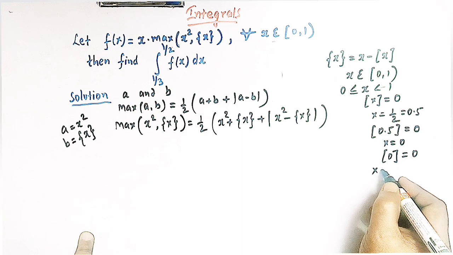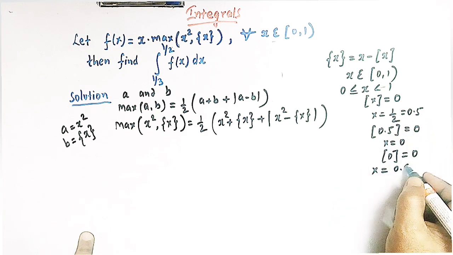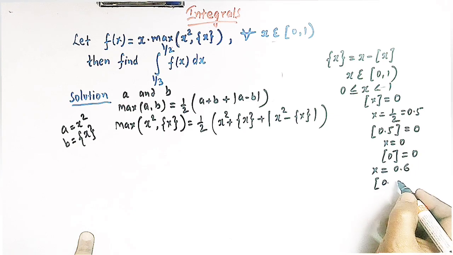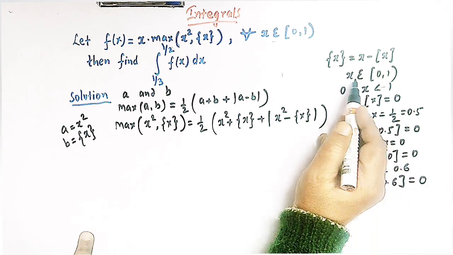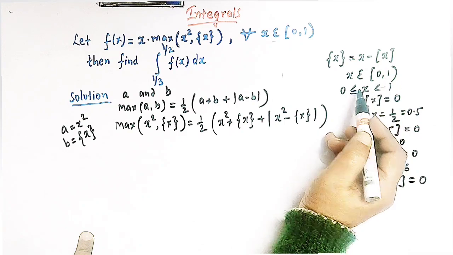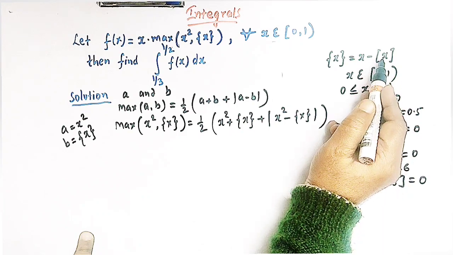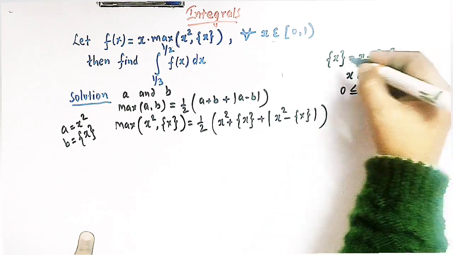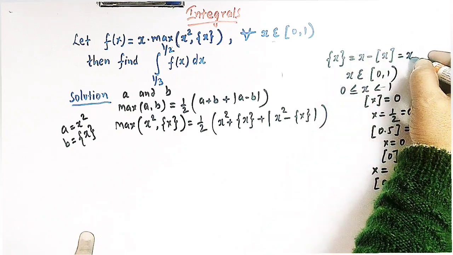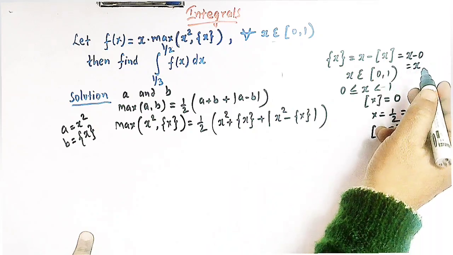And similarly, if we take, say, x is equal to 0.6, then the greatest integer of 0.6 is also equal to 0. So when x belongs to this interval, then the greatest integer of x should be equal to 0. So we can take a 0 over here. So the fractional part of x is now given by x minus 0, that is equal to x.